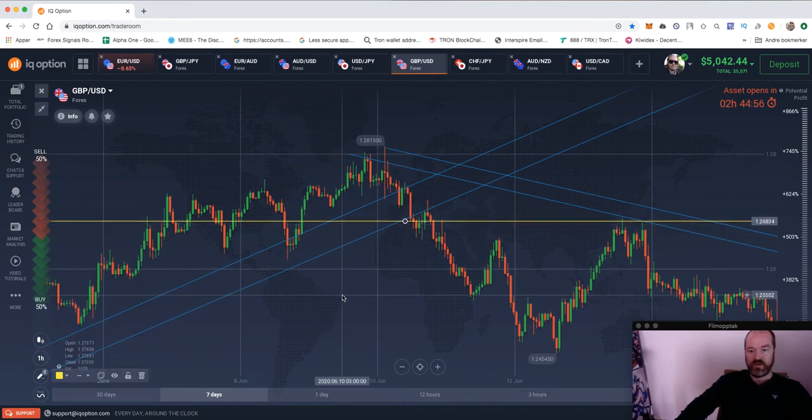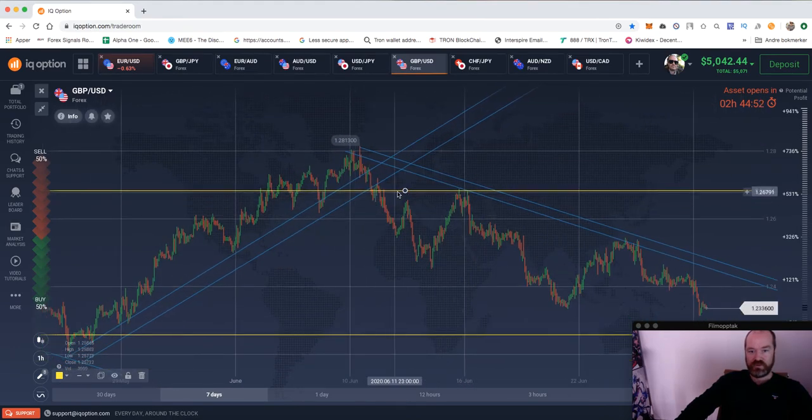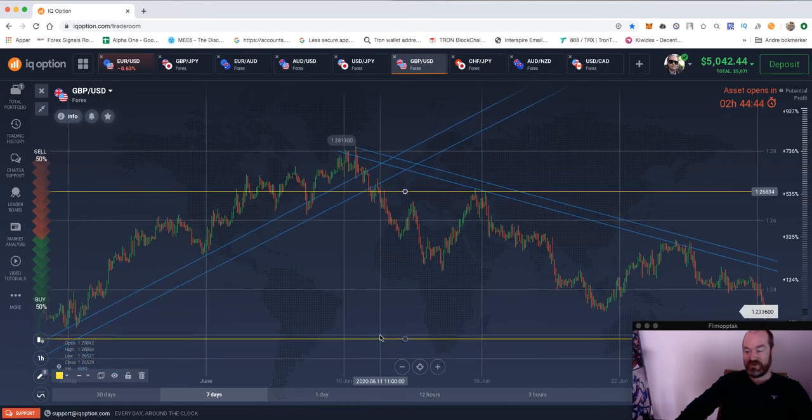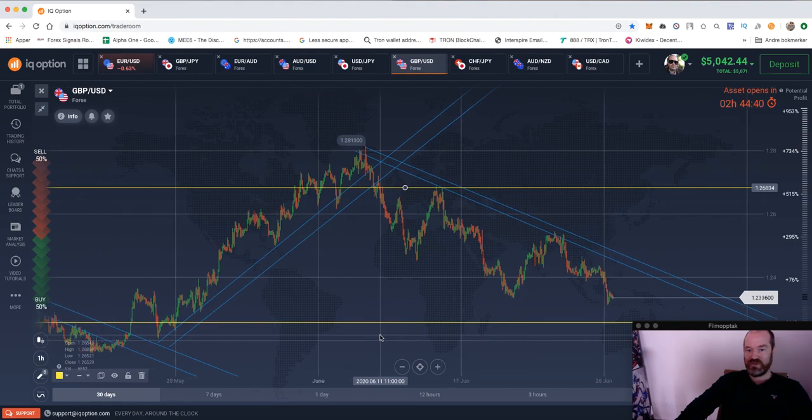And your profit is basically from this line to this line is your profit. I guess you can understand how much that is. It's quite much. It's crazy good profit actually. So that's swing trading using trend lines.